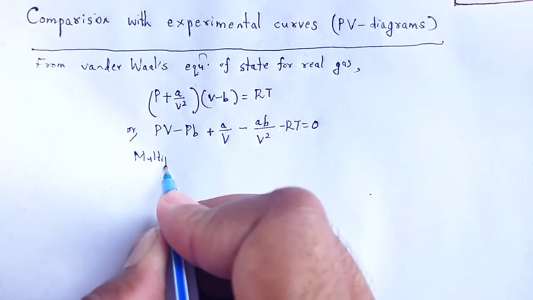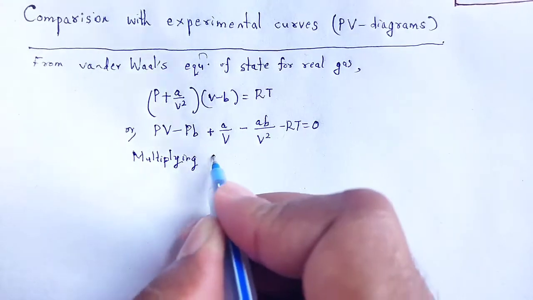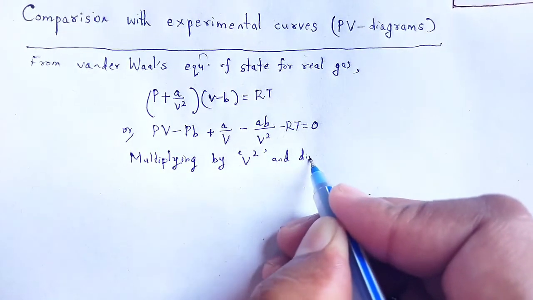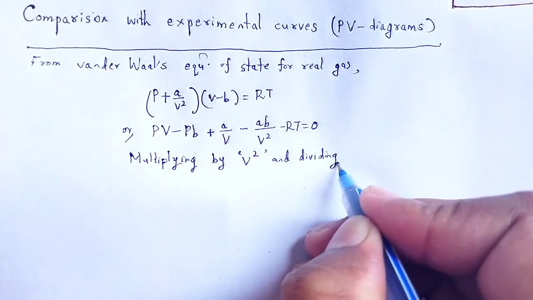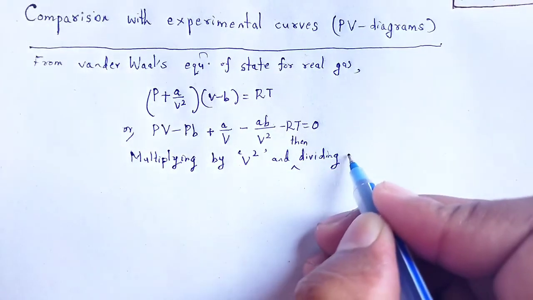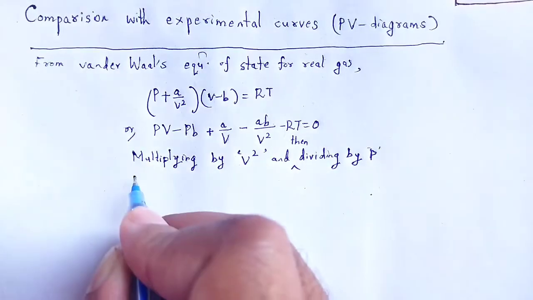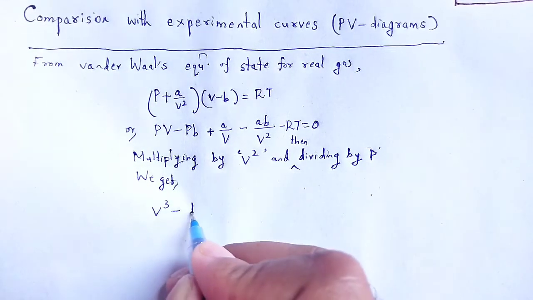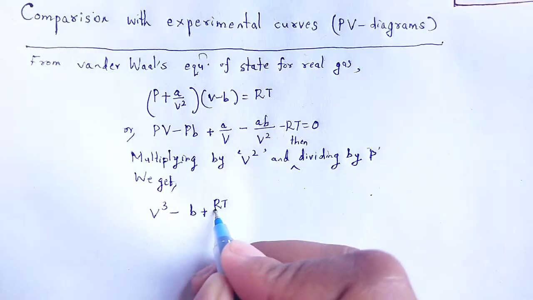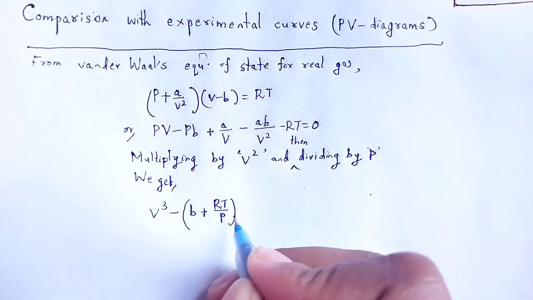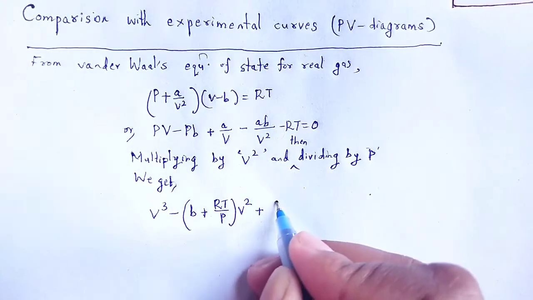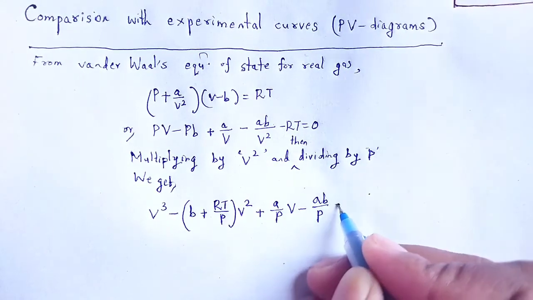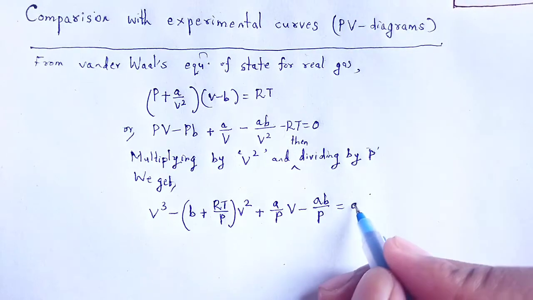Multiplying by V square and dividing by P, we get V cube minus b plus RT by P whole into V square plus a by P into V minus ab by P is equal to 0. Look at that equation.